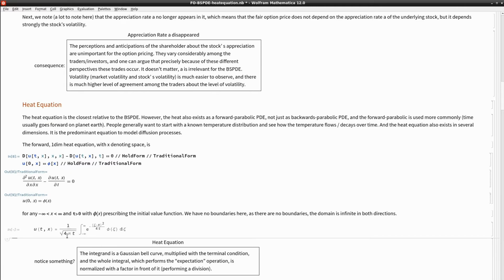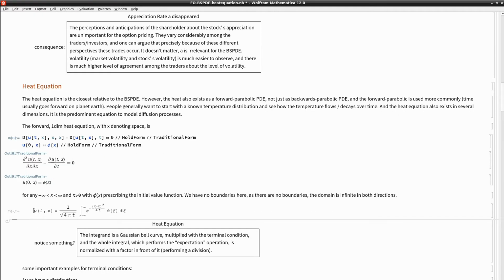So we have the solution of the heat equation u of t and x as this integral, where we have time as the independent variable on the right hand side, and we have x as the independent variable for space on the right hand side, and it occurs in the integrand. The integration variable is an unimportant variable xi here.